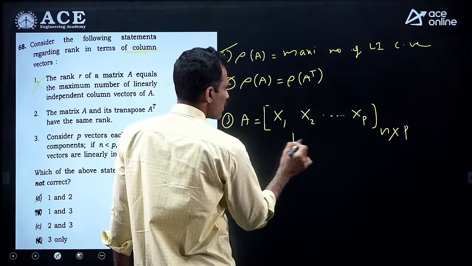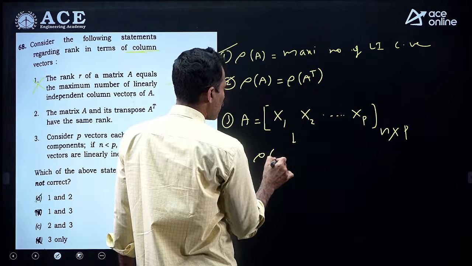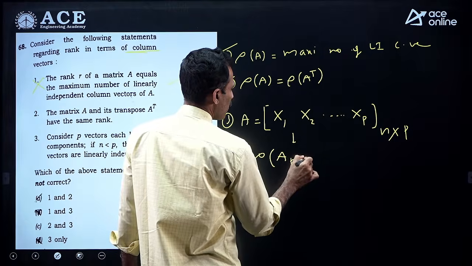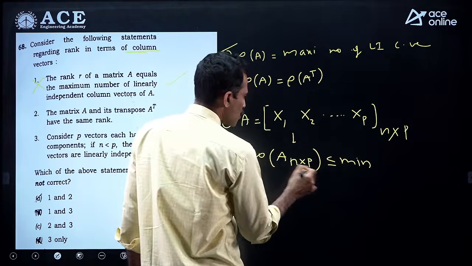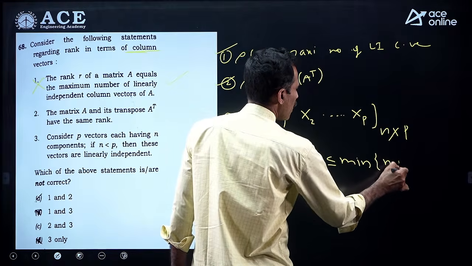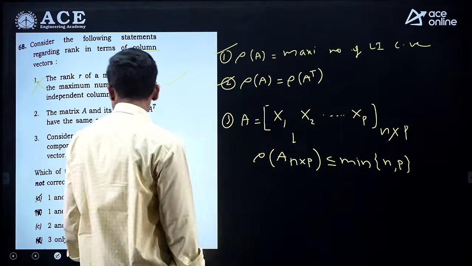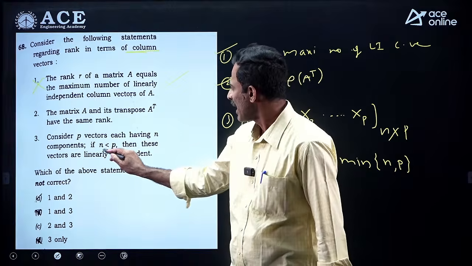For this matrix, according to this order, the rank of the matrix is less than or equal to the minimum of n comma p. But already the condition n less than p is given.